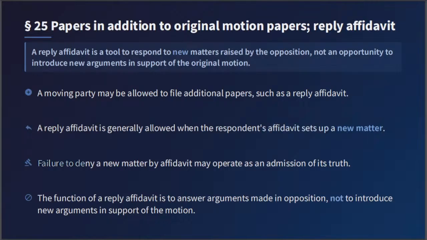So failure to deny a new matter by affidavit may operate as an admission of its truth. The function of a reply affidavit is to answer arguments made in opposition, not to introduce new arguments in support of the motion. So these are arguments made in opposition to the motion and not to introduce new arguments.